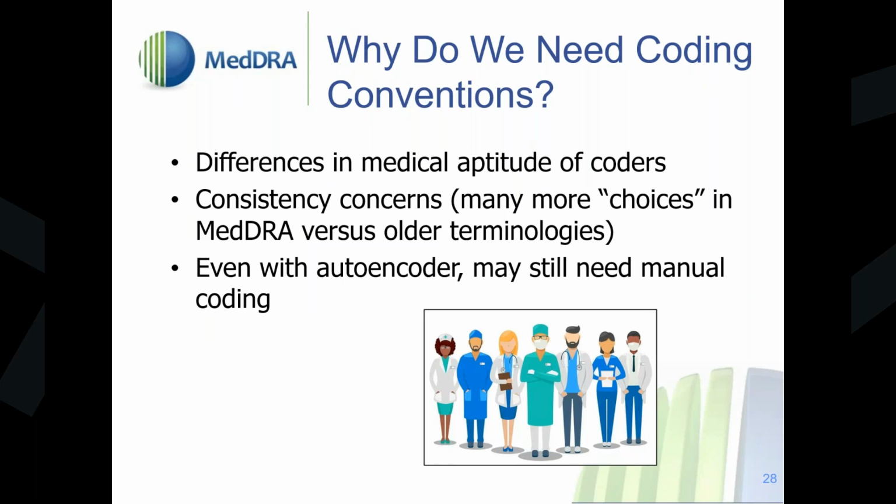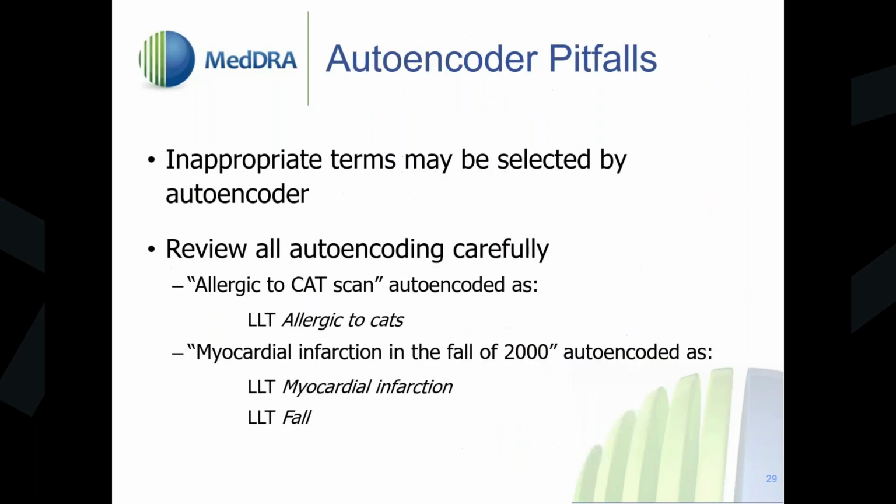Even if you're using the autoencoder, it's always advised to have a medical overview of autoencoder output, because autoencoder output is not necessarily always accurate. The search for the autoencoder may depend on the flow of alphabetical order, and then you may have some errors arise from that.